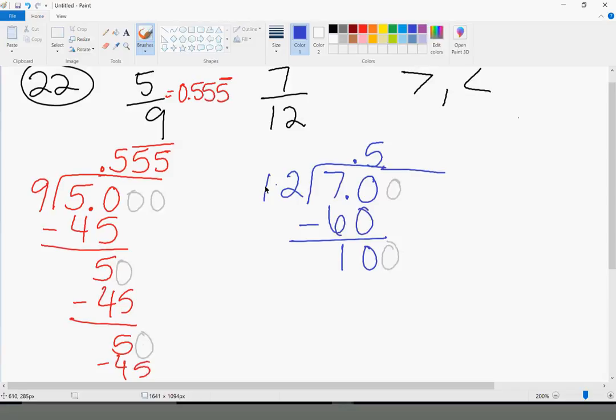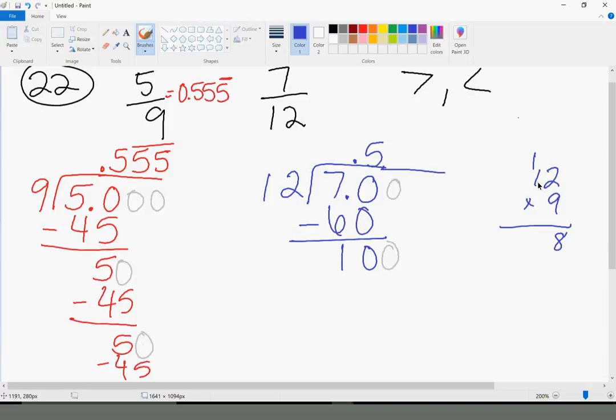And then we're going to add a 0. Okay. So 12 divides into 100. Let's see. 12 times 5 is 60, times 6 is 72. Well, we know 12 times 10 is 120. Let's try 12 times 9. 2 times 9 is 18.